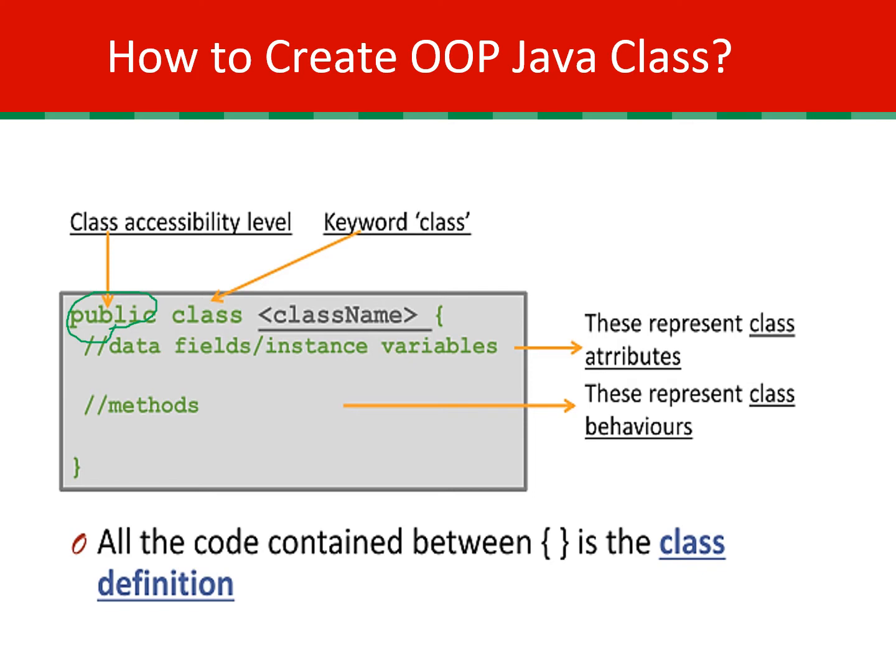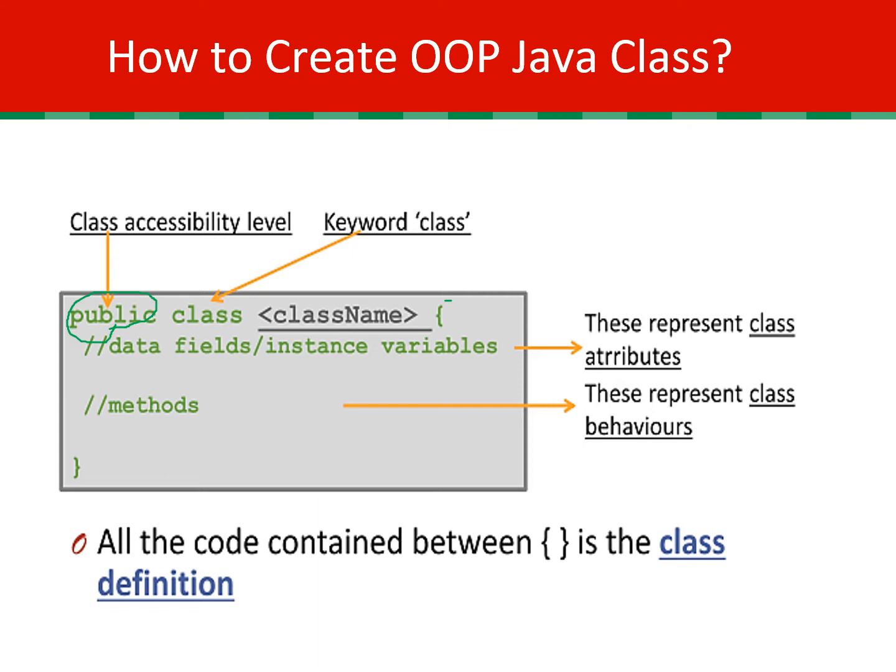It can be public, private, or protected. Then you write your class name here, which can be anything starting with a capital letter. You open the curly braces and close them. Whatever you write is inside this area here.